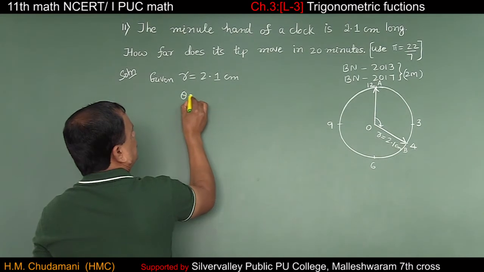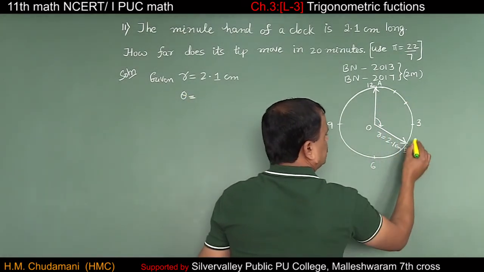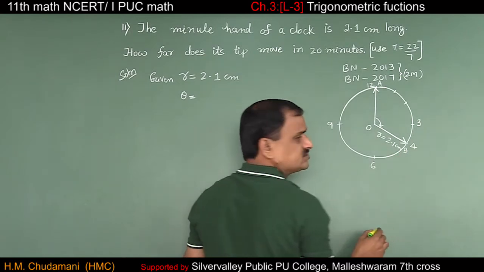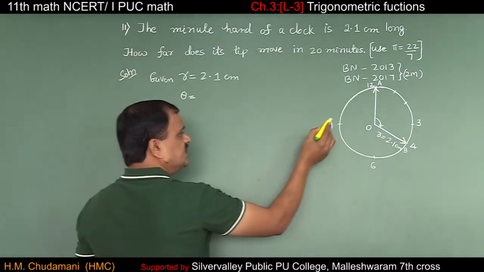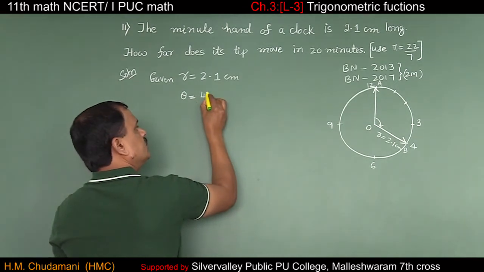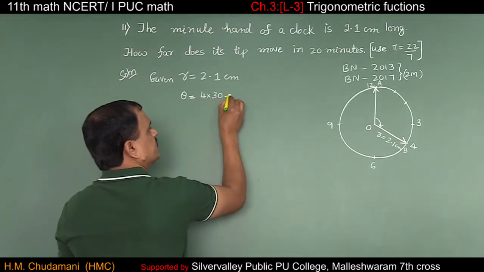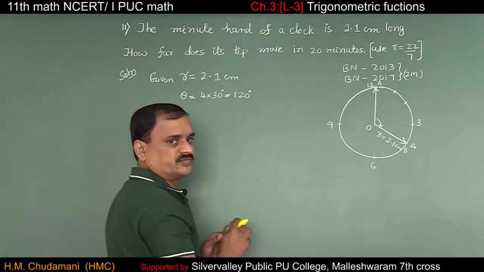And theta is equal to, so here there are four divisions. So in 20 minutes, each division covers 30 degree, 4 into 30, 120 degree.